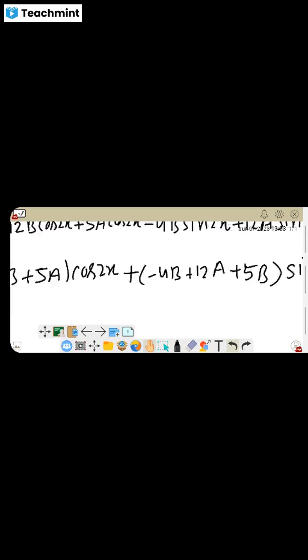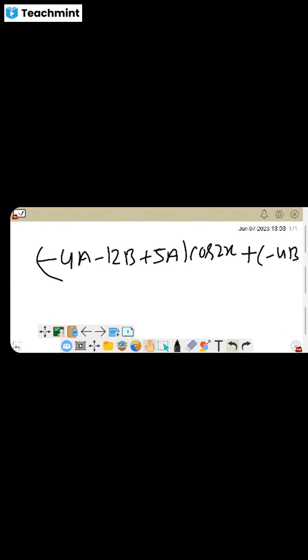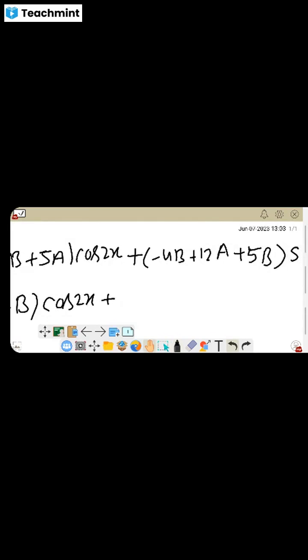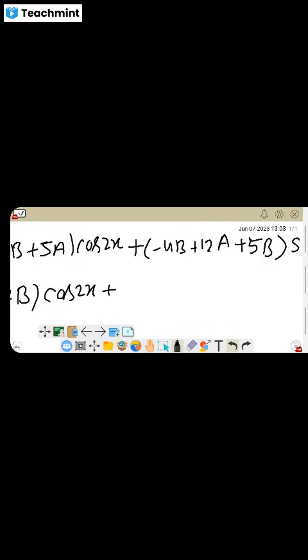We are just simplifying. So here we have a minus 12b into cos 2x plus 12a plus b into sin 2x is equal to cos 2x.